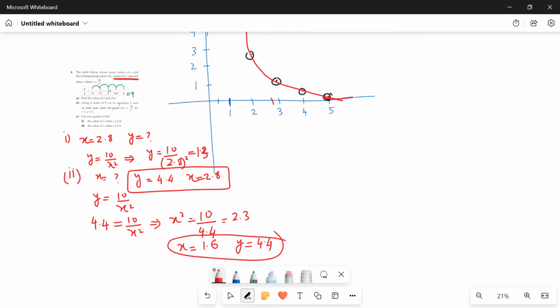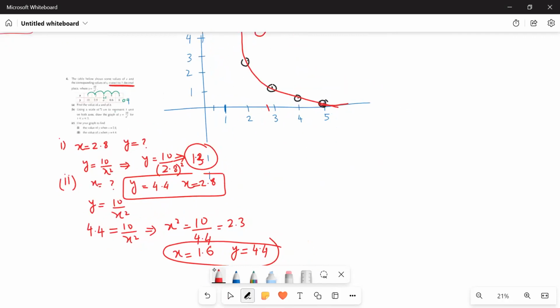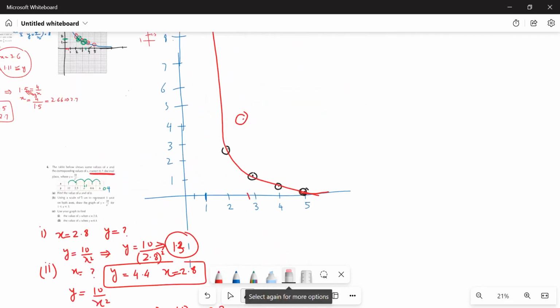Y is 1.3. X is 2.8 and y is 1.3. So it will be here.